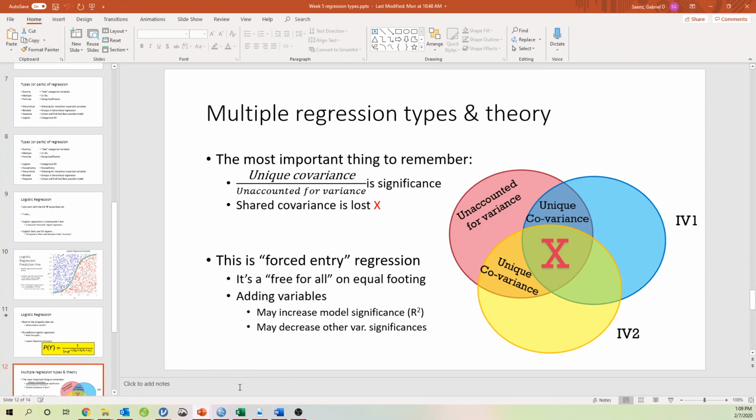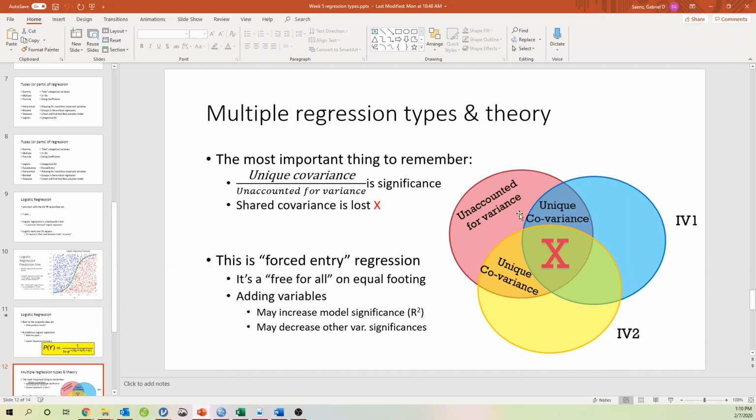To understand how these things are going to work, it's important to understand how a regression actually happens. If you have multiple independent variables, here's blue circle independent variable 1, yellow circle independent variable 2, red circle is our dependent variable.